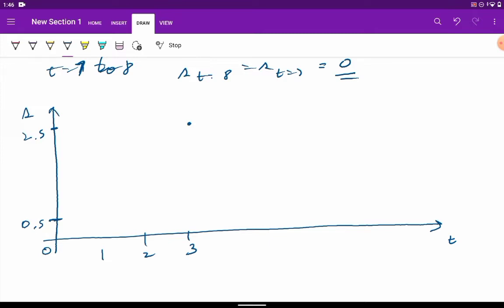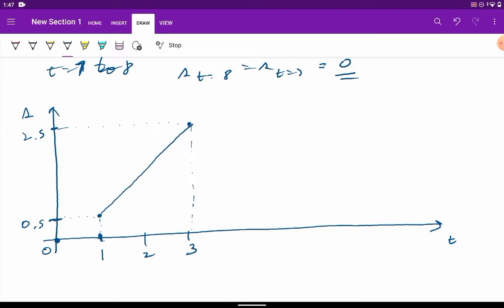All right, so at t equal to 0 it is at 0, at t equal to 1 it is at 0.5, and at t equal to 3 it is at 2.5, right? So this is constant velocity, it goes like this.